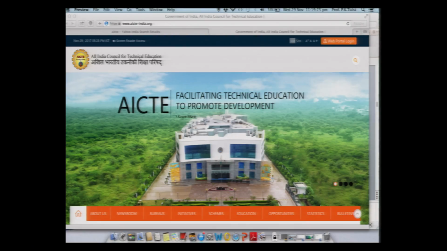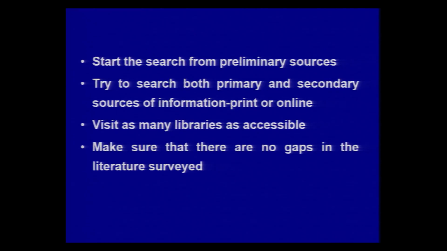What kind of initiatives are being taken by the Government of India to increase the access, improve the quality, and also build excellence within the system? This is again the AICTE site, which has been modified.